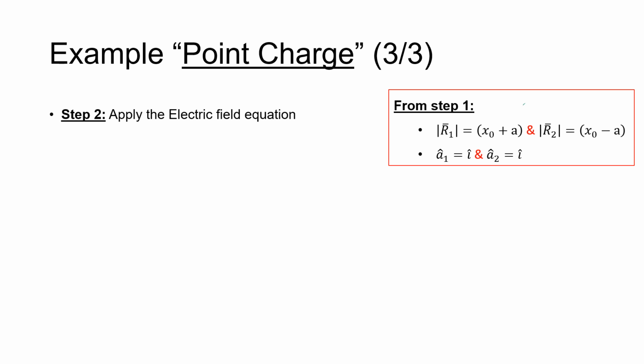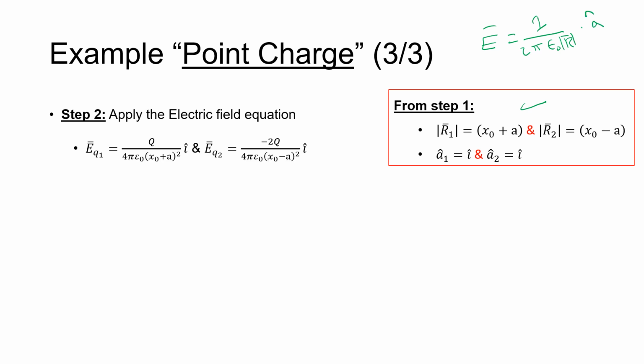So from the first step we got these values, and just to remind ourselves, we have E equal to the charge divided by 4 pi epsilon naught R squared, in the direction of a. If we substitute here, the first charge is Q, the second charge is minus 2Q, and this is what we calculated for R1 here, and this is R2. So we just substitute with these values, and then we apply the condition.